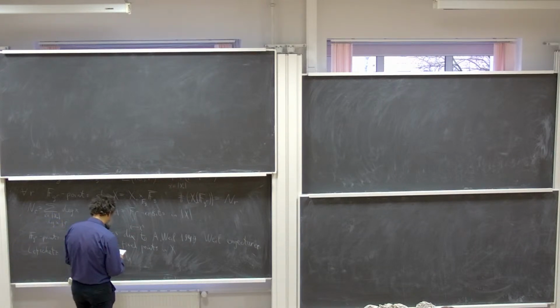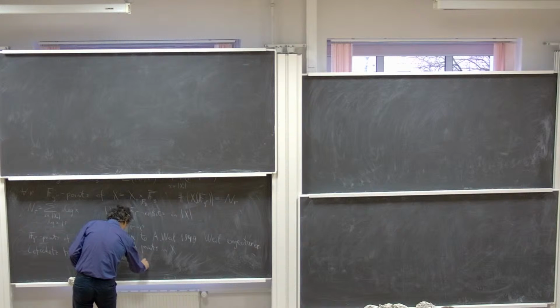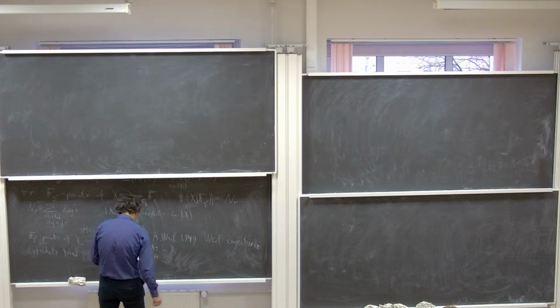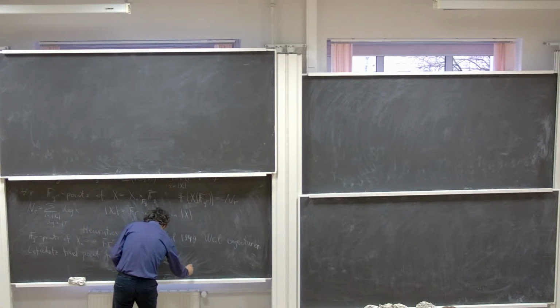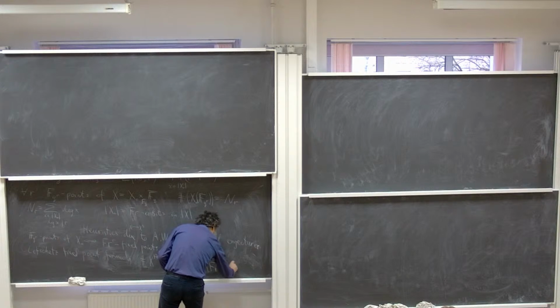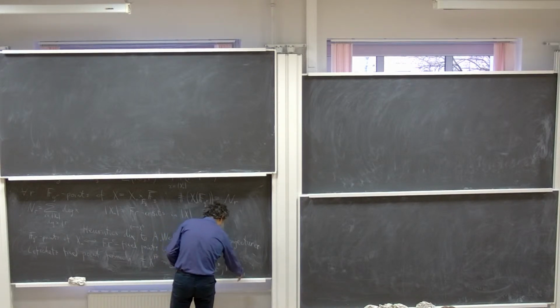And it says that the number of fixed points of Frobenius is equal to the alternating sum of traces of this Frobenius endomorphism on the cohomology of our variety, well, with some coefficients.